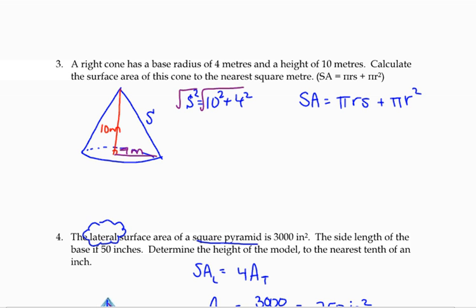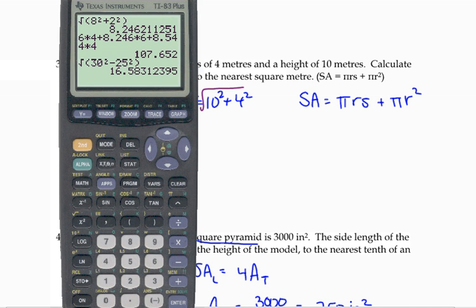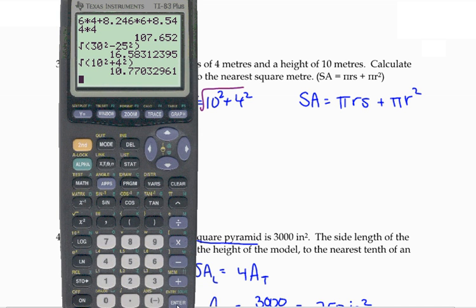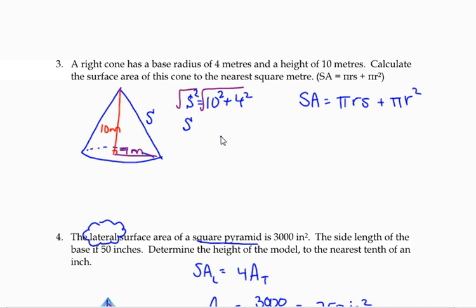So our slant height is, square root button is second square root, 10 squared. Okay, and we're going to try and use our exact value if we can. So I'm going to write down 10.77.